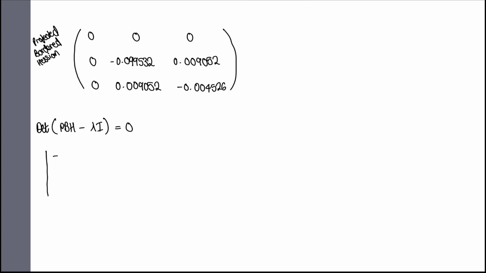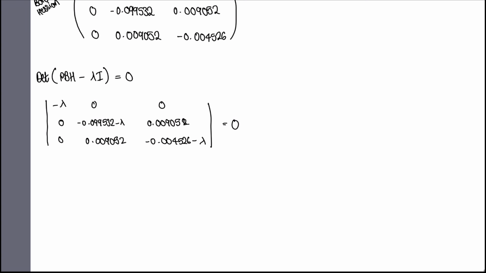So we get minus lambda, 0, 0, 0, 0, minus 0.099532 minus lambda, 0, 0, 0.009052, 0, 0, 0.009052, and then minus 0.004526 minus lambda. Equate that to 0.